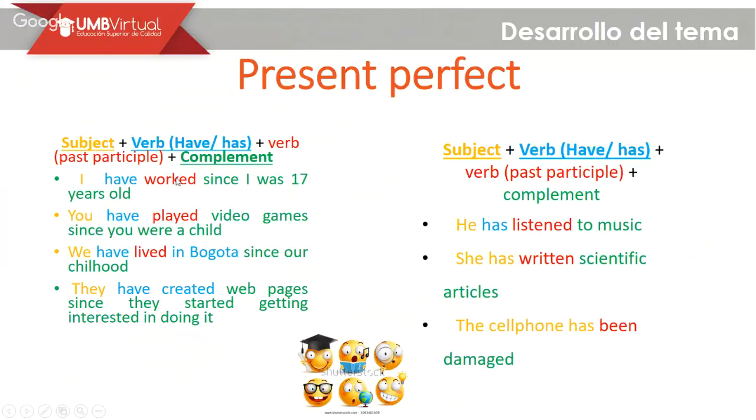So here, there are two kinds of verbs. Tenemos dos tipos de verbos, los verbos regulares e irregulares. Recordemos que los verbos regulares son los que les agregamos ed. So those verbs that you add ed in past, you're going to add ed in past participle. It means that the same structure we have in past, we're going to add in past participle in case those are regular verbs.